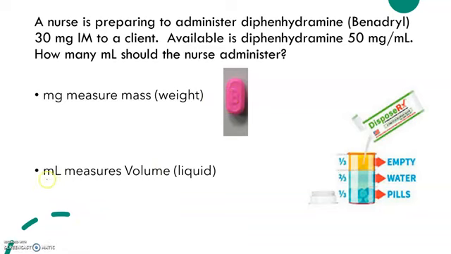When they talk about ml, they're measuring volume, like how much liquid this medication is constituted in. So again, milligrams is the weight or the mass of the medication, and ml is the actual amount of liquid that the medication is constituted in.